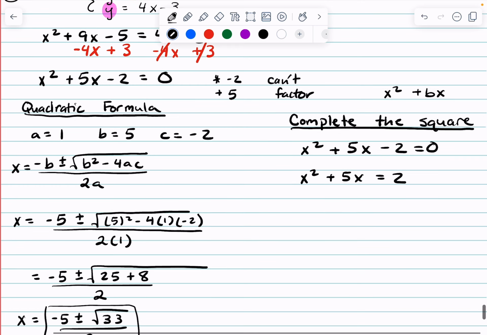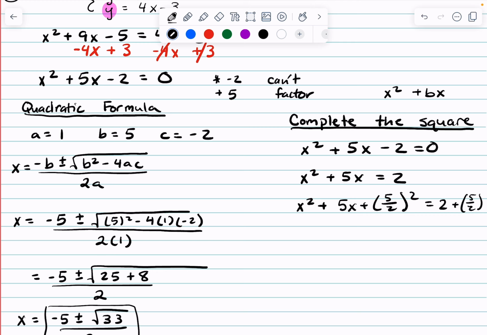And what I'm going to do to complete the square is just add b over 2 squared to both sides. So I'm going to add 5 over 2 squared, and then I have 2 plus 5 over 2 squared. And then I'm going to simplify by completing the square, so that'll get me x plus 5 over 2 squared is equal to 2 plus, and if I do 5 over 2 squared, that is 25 over 4.